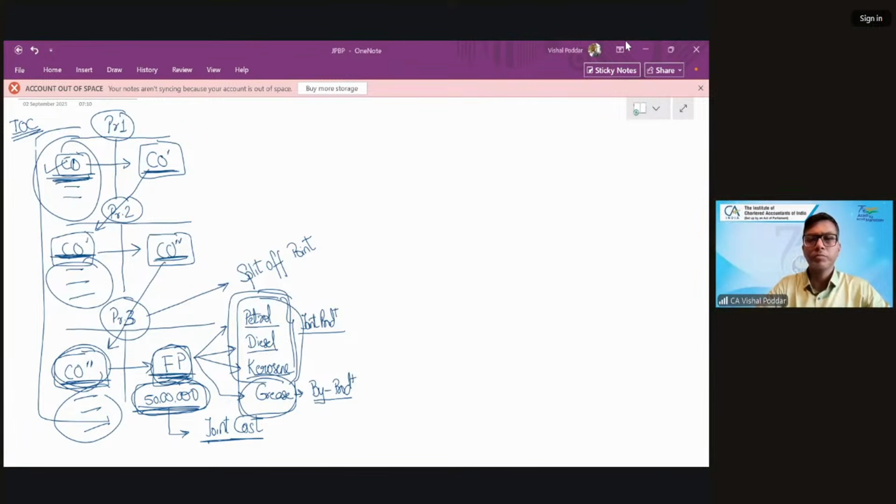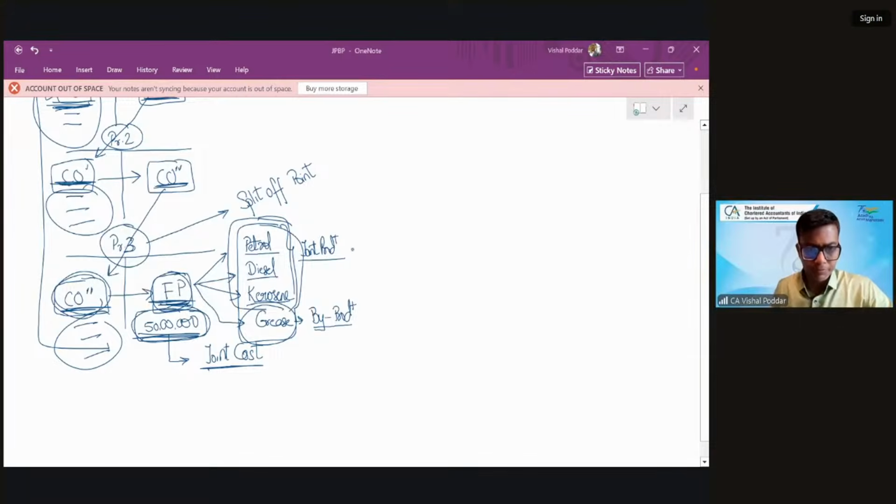Perfect. Now, what we are going to do in this particular topic, our role is simple. Please understand, process costing taught you up to this stage: finding out the value or cost of your finished goods. So you calculated that your finished product cost is 50 lakhs. But now if the finished product is more than one, as a simple mathematics logic, this 50 lakhs is the common cost, which is why we call it joint cost.